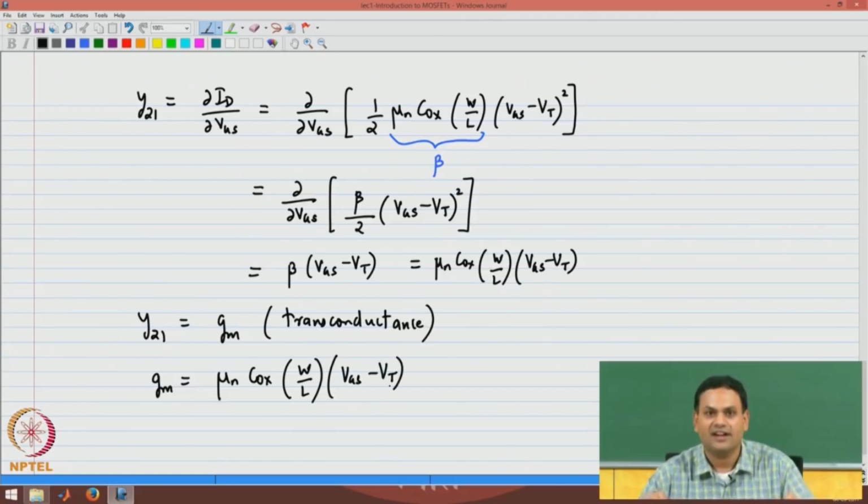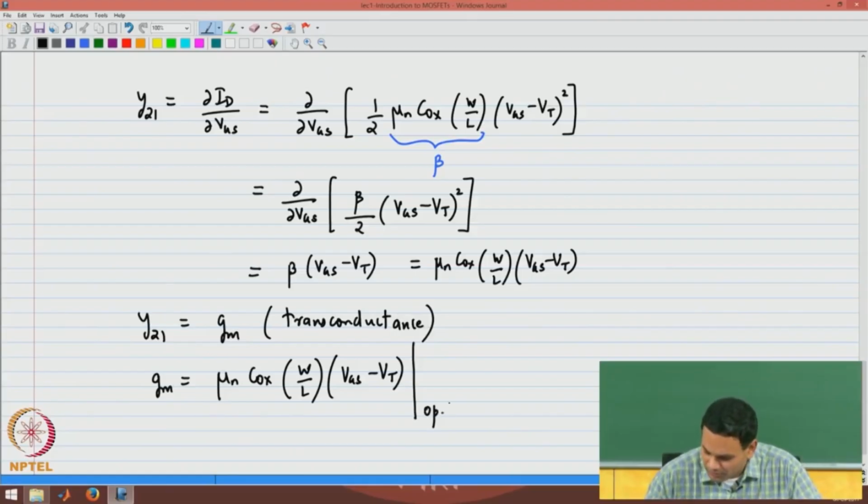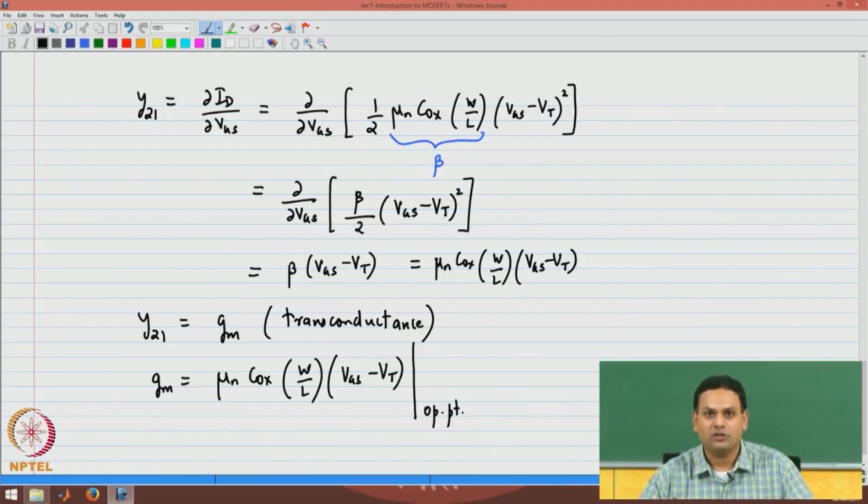Now, this is of course evaluated at the operating point, but now from the basic current equation, you know the relationship between the drain current and the gate source voltage.